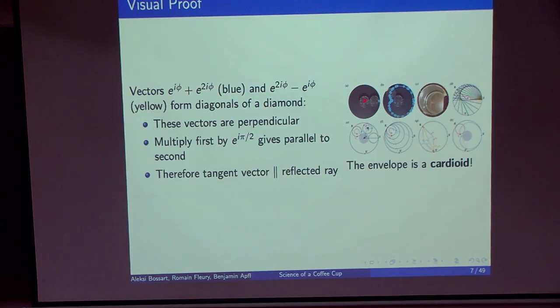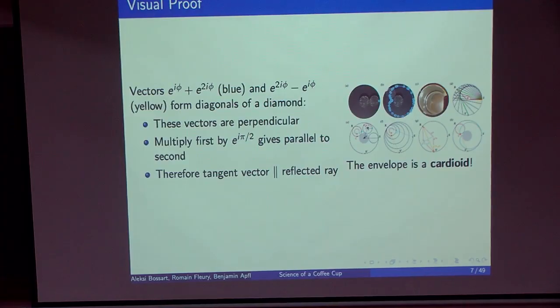Basically, the tangent to the rolling curve is parallel to every reflected ray. Basically, they both will contain each other. So, yeah. And again, we can find the exact shape by considering the vectors and everything. And the shape is called a cardioid.